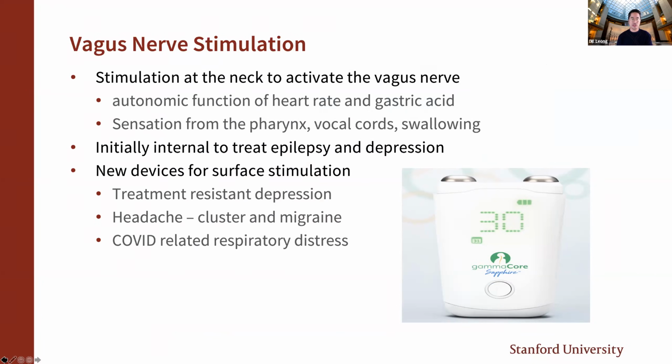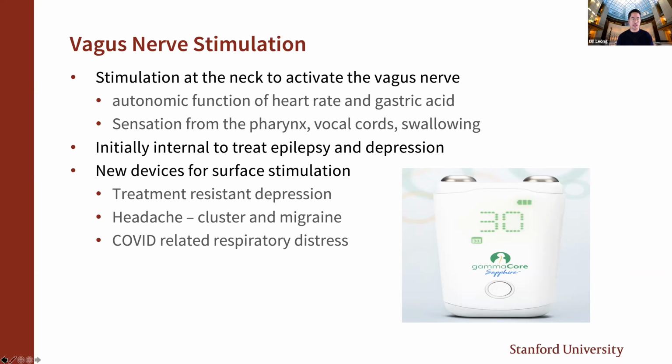It changes your sensation around the throat here. You may have heard of something called going vagal, which is sort of a fainting phenomenon. If somebody is having kind of stress or something like that, they may change their heart rate, they may feel kind of faint.